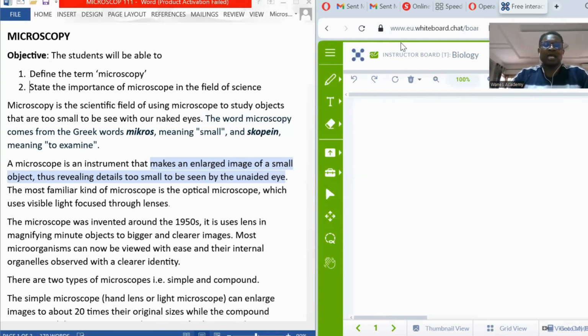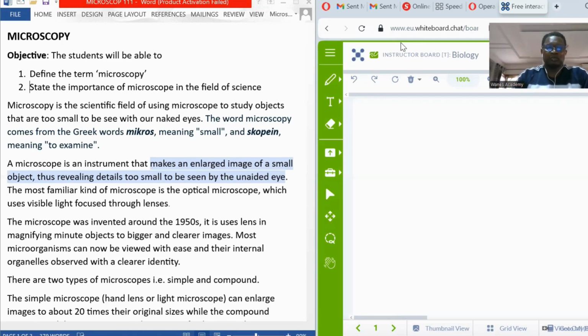Minute, tiny objects that cannot be seen with the naked eyes, known as microorganisms, are studied using the microscope. So the microscope is a tool used to magnify or enlarge microscopic organisms so that the internal features, component parts, and importance of such microorganisms can be seen and studied.